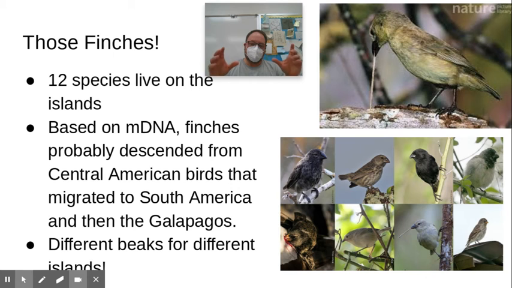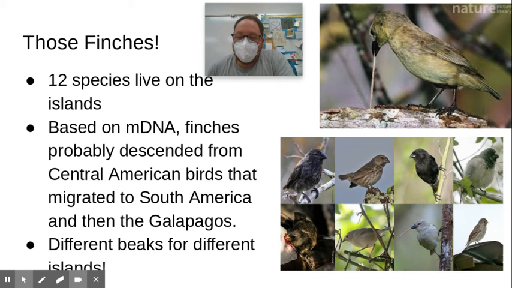And what they found is, once you look at the DNA of these birds, they're descended from birds from Central America that moved down to South America and then probably got blown during maybe a storm over to the Galapagos.